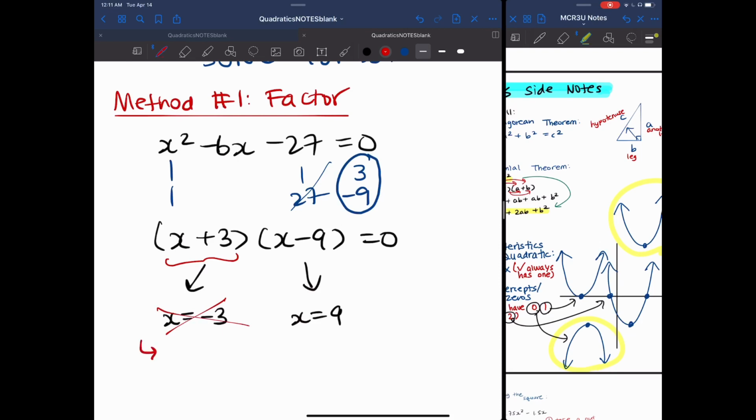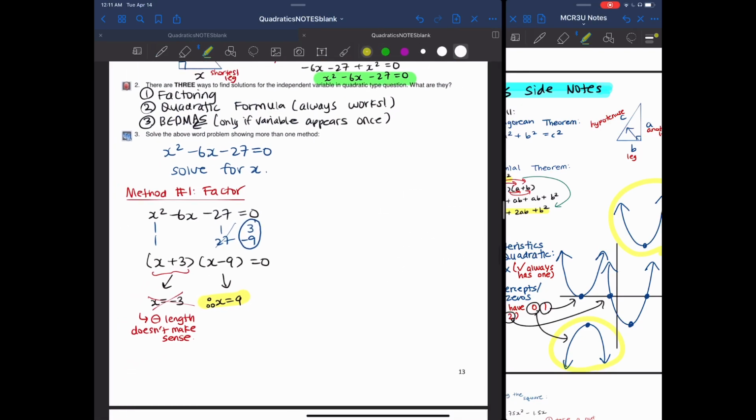And therefore, I'm going to write negative length doesn't make sense. Okay, so therefore x equals 9 is the only x-intercept that I'm going to grab. That's kind of like the change, because now we have to interpret the situation, right? Okay, so that was method 1.